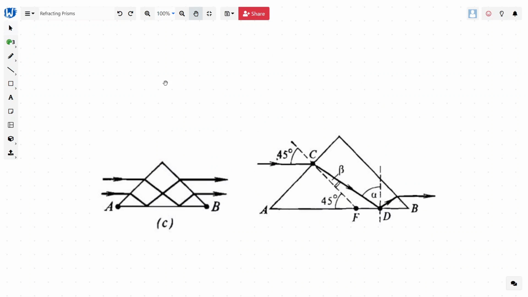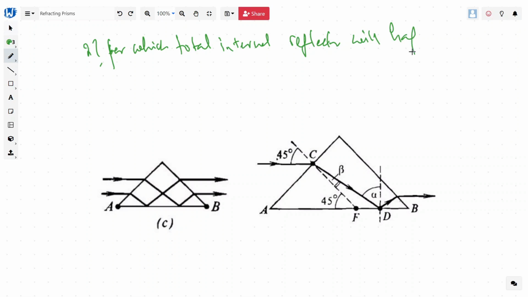now this is interesting because here we can find out the value of n for which total internal reflection will happen.